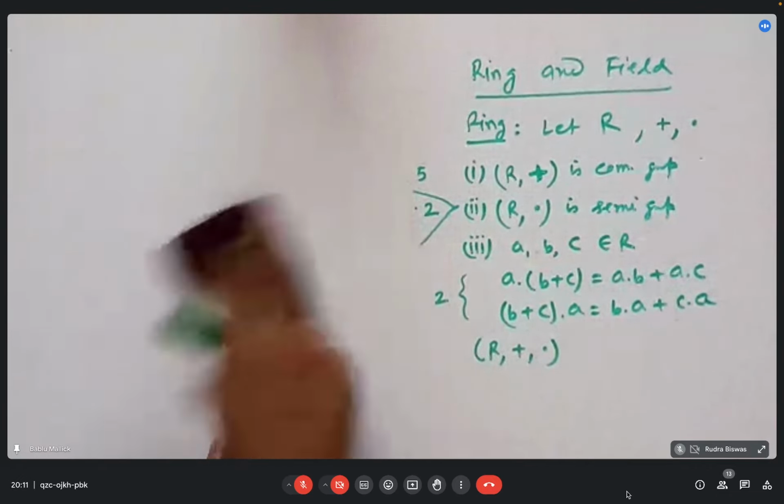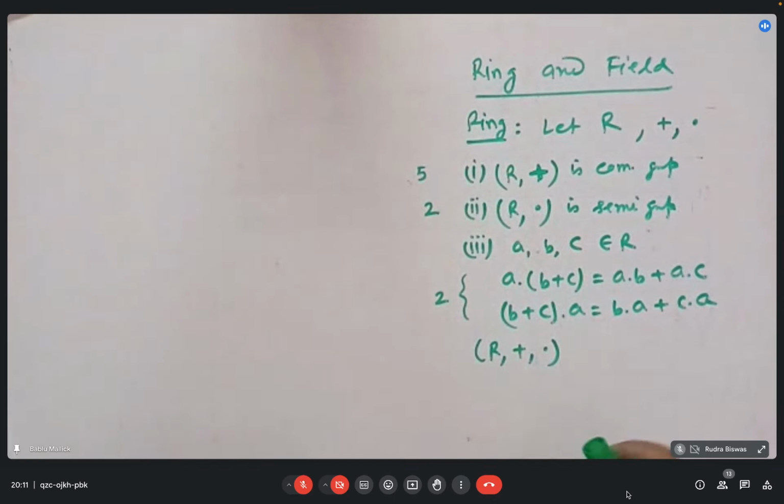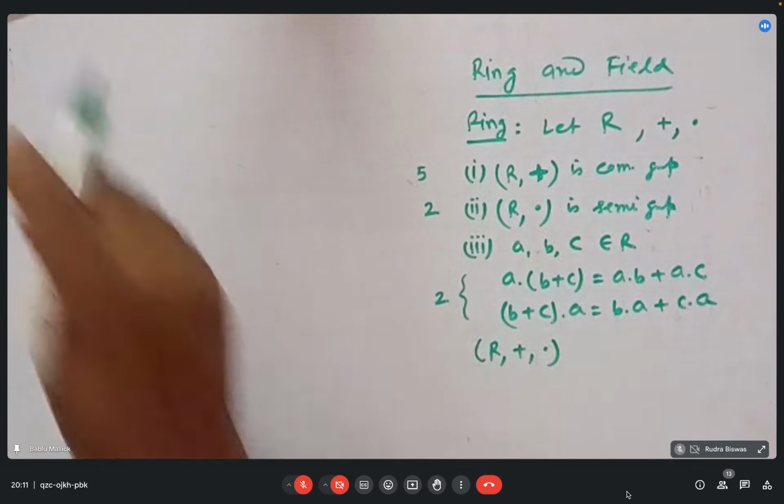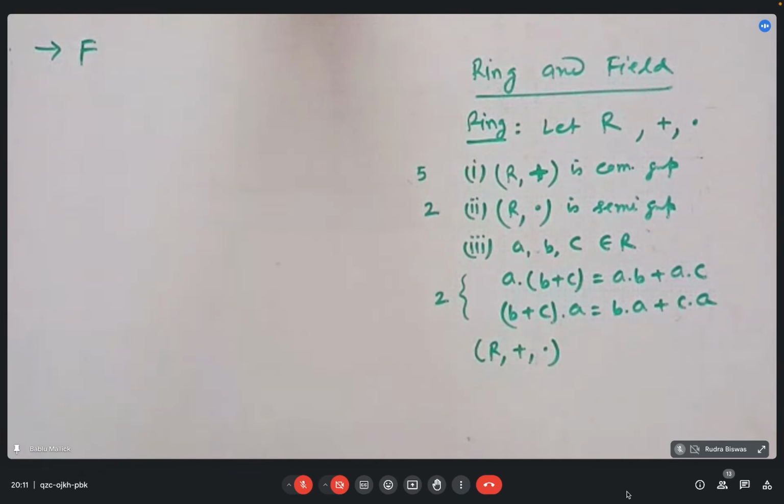Definition, write: field. Let F be a non-empty set, F for field actually, and plus and dot be two binary compositions defined in F. Then F is said to form a field if the following conditions are satisfied.